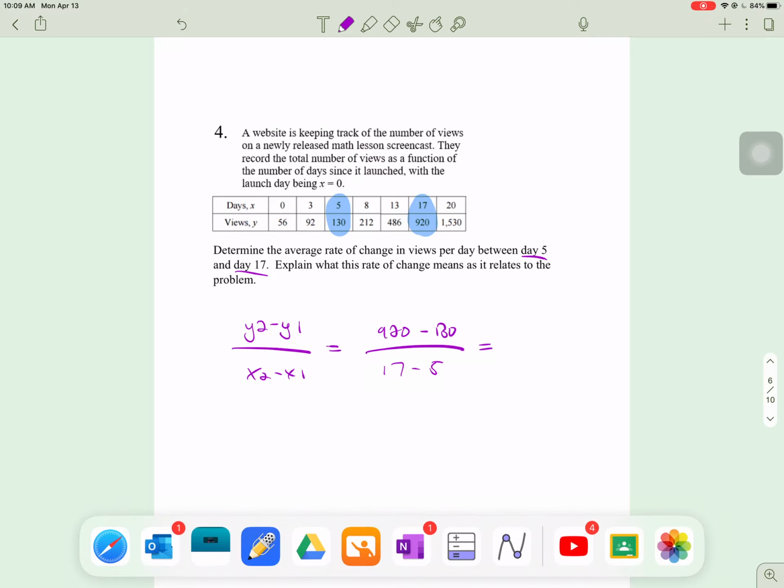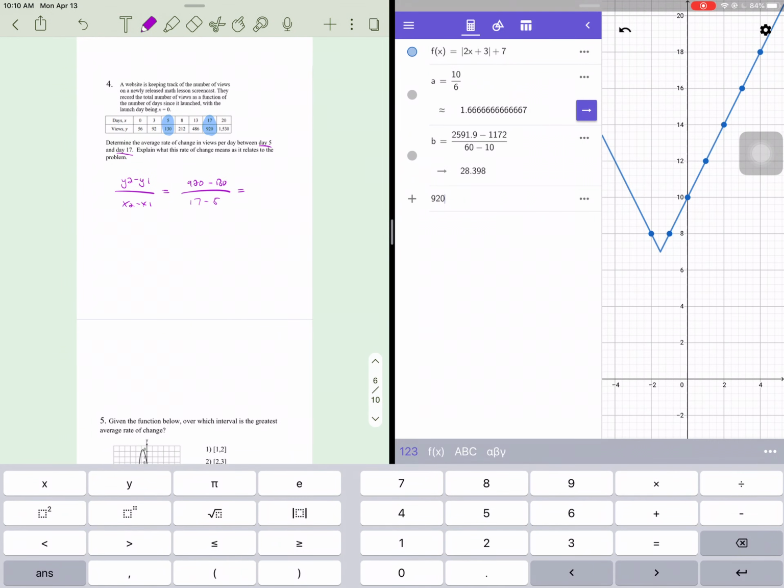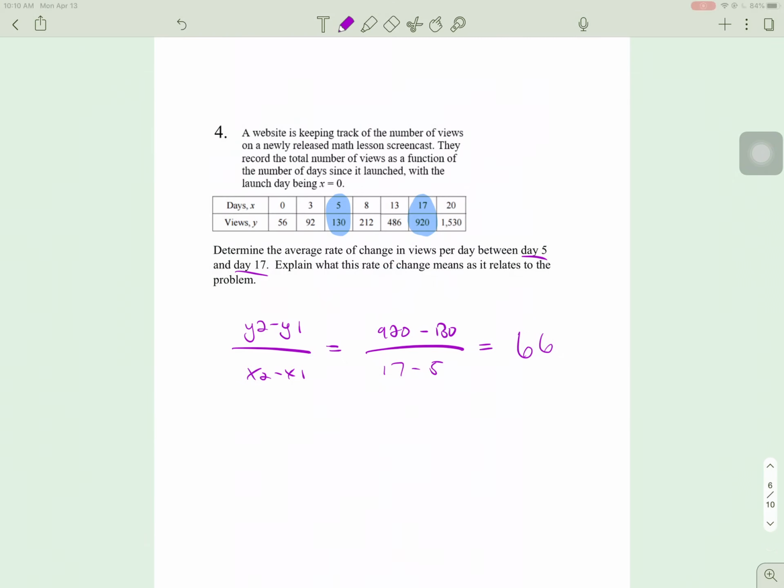Put this right in the calculator. 920 minus 130, parentheses. Divide that by 17 minus 5. We get, okay, that gives us a fraction. Hit the tool, and it says 65 point, it doesn't say what to round to, so let's say about 66. Okay, and what does that mean? Okay, and this is important, understanding what that means.